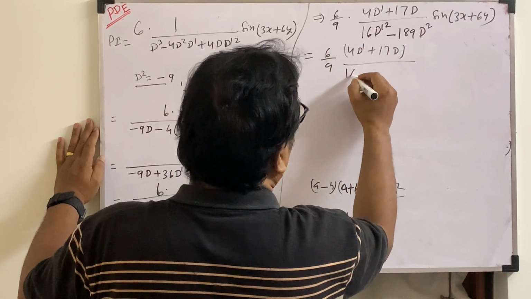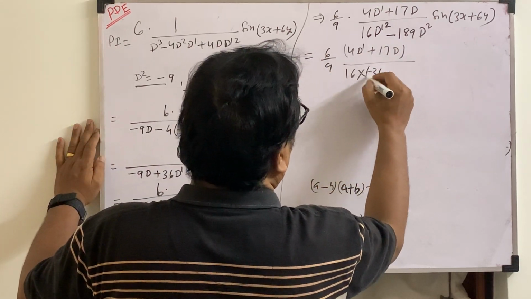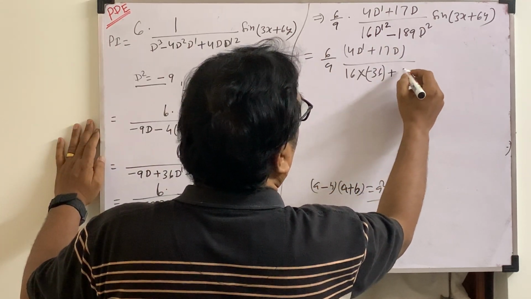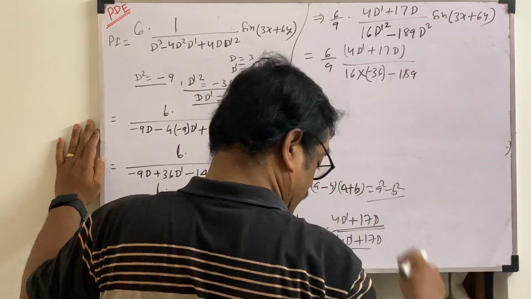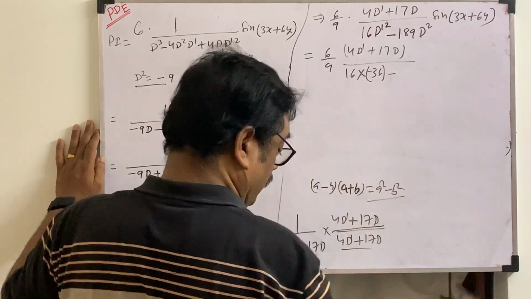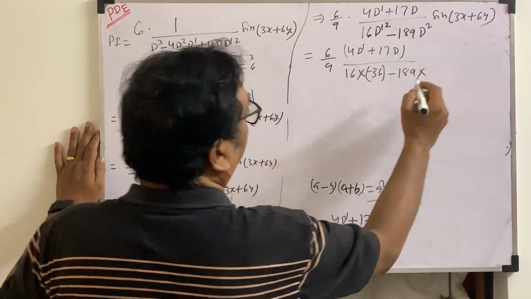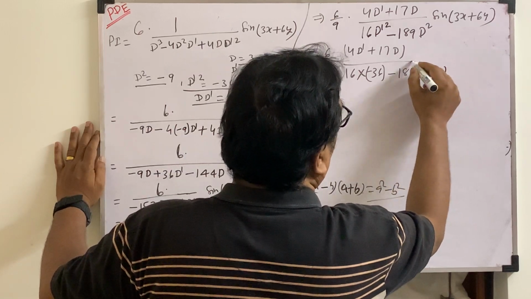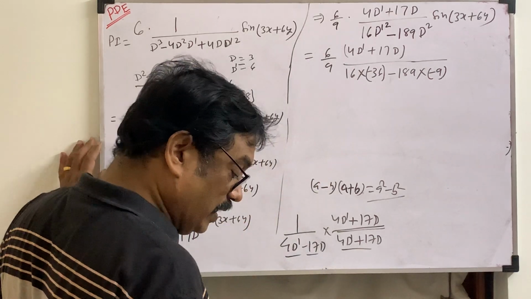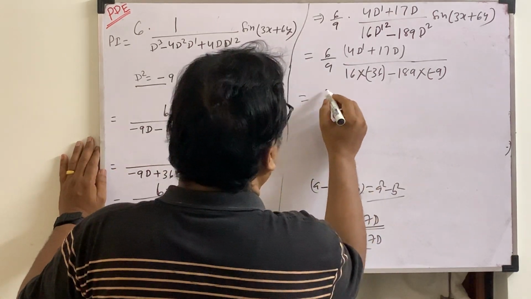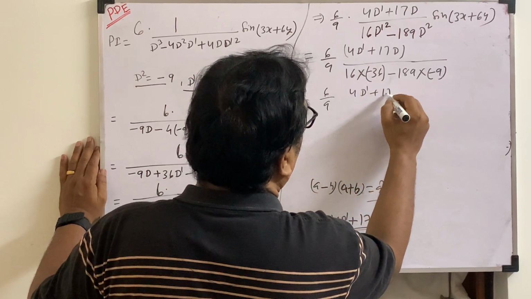Then here 16 into d dash square 36, minus 189 into d square 9. If we solve this, I will write one, it is 4d dash plus 17d.